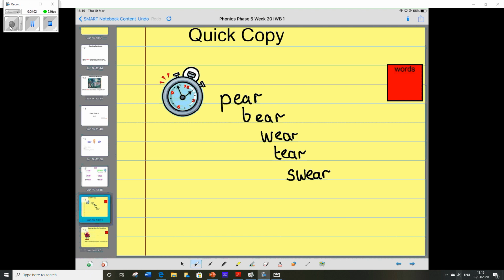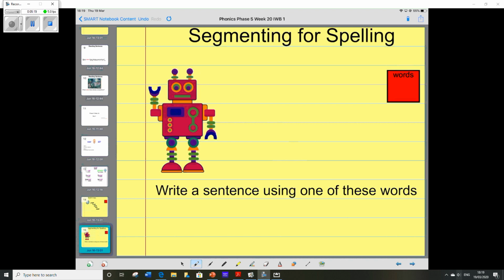And now we're moving on to the challenge of you spelling them when I say them. So I will say them, and then I need you to write them down, and then I'm going to write them on the board for you to check, or your adult to check. Okay, we're going to be using segmenting for spelling, so get those arms ready and get your whiteboard ready. So the first word is pear. 1, 2, 3, 4, 5, and it's pear.